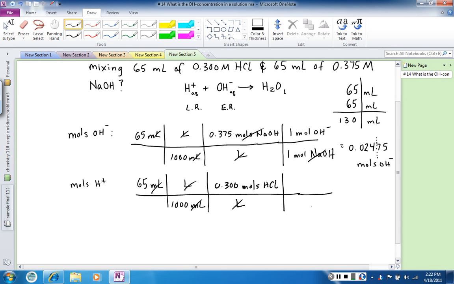And like before, our ratio is 1 mole of HCl for 1 mole of H plus. So that comes out to be 0.0195 moles of H plus. Sig fig line, we have 2, so we're going to have it after the 9.